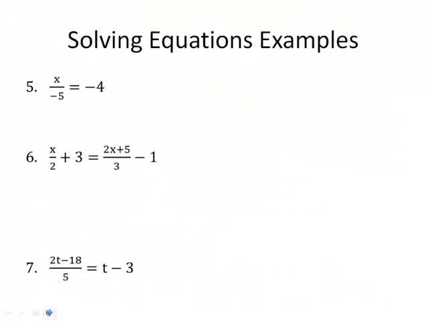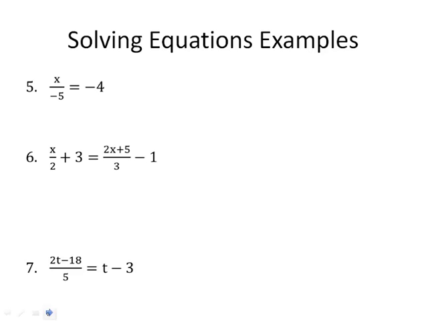Alright, let's look at some examples with fractions in them. Whenever you have a fraction in an equation, the easiest thing to do is to eliminate the fraction. To eliminate the fraction, you can use the multiplication property, which states that you can multiply every single term of an equation by the same number.